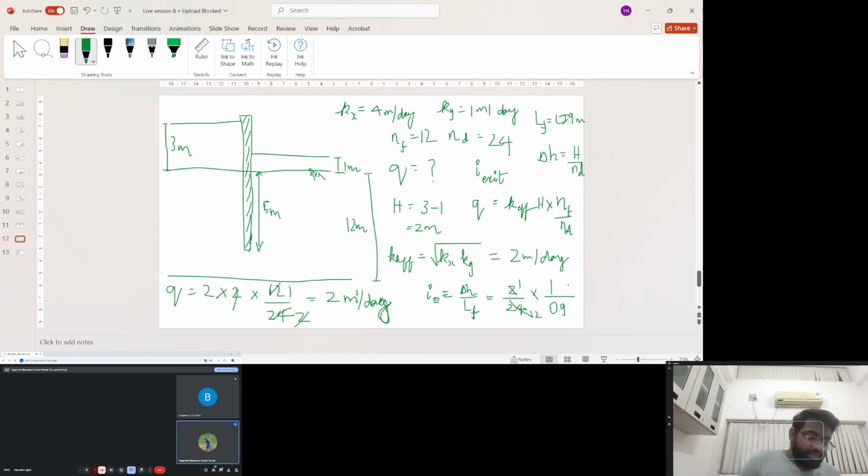So if you multiply it, I exit will be 0.0925.